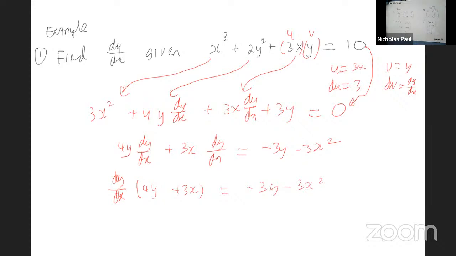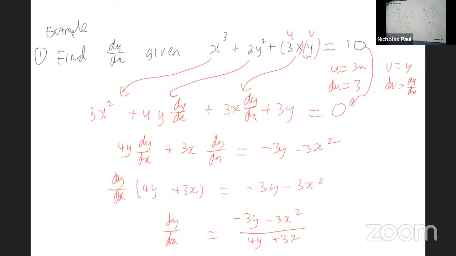Factor out dy/dx and then make dy/dx the subject, and you'll get minus 3y minus 3x squared all over 4y plus 3x. That's it. So you differentiate each term individually, and then you separate dy/dx and factor it out. That's okay? It's supposed to be simple, except you have to remember that 3xy is a product.